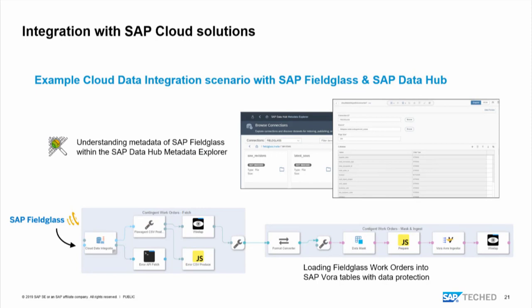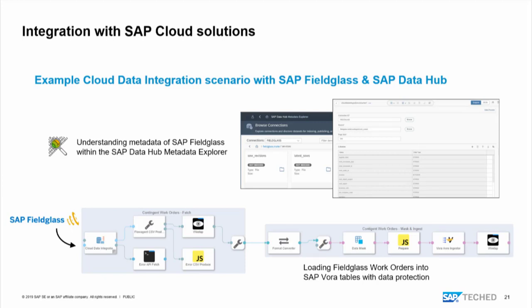Once you have created such a connection within our connectivity interface, you can use it. You would have down on the left-hand side an operator which can connect to, for example, Fieldglass. You get a drop-down box where you can select which API and which object you would like to fetch and use. Then you process it.